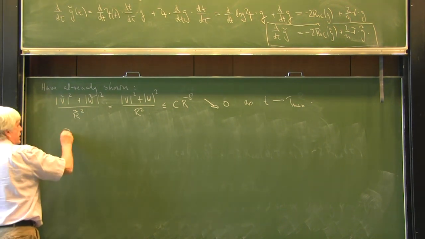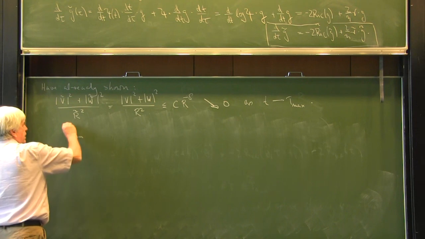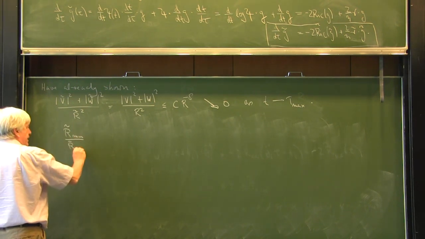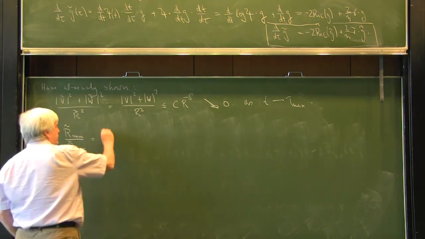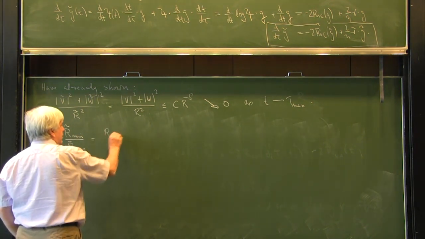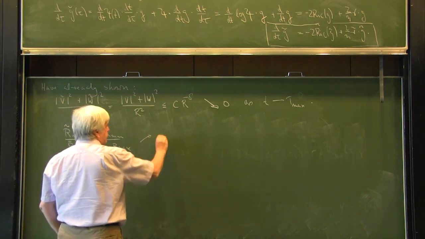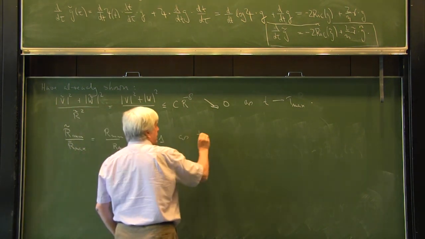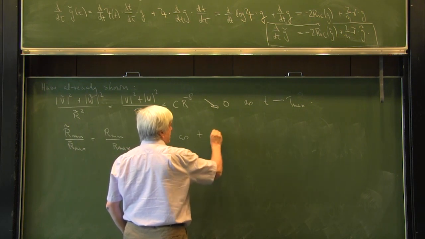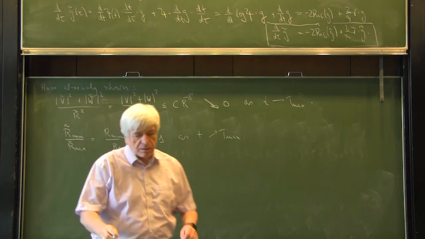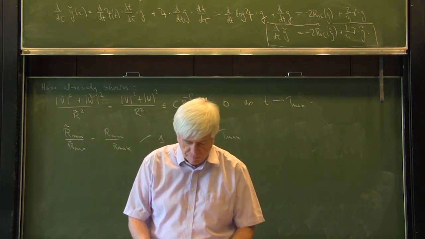Also, we know that the quotient between R min and R max, this is of course scaling invariant, and we know that this converges to 1. Okay. So these are the things that we already know.